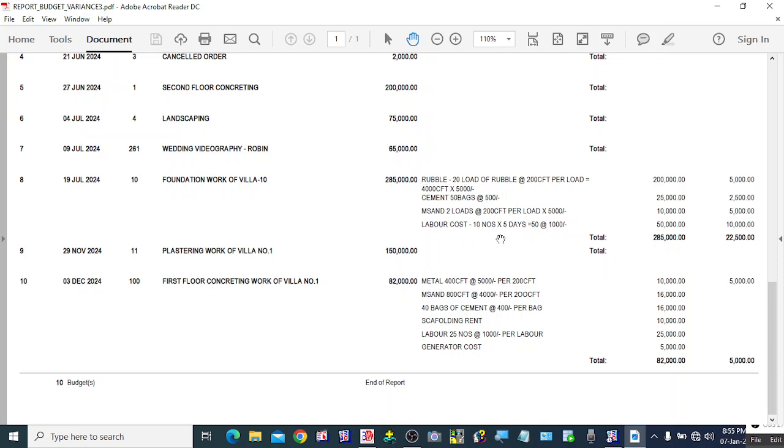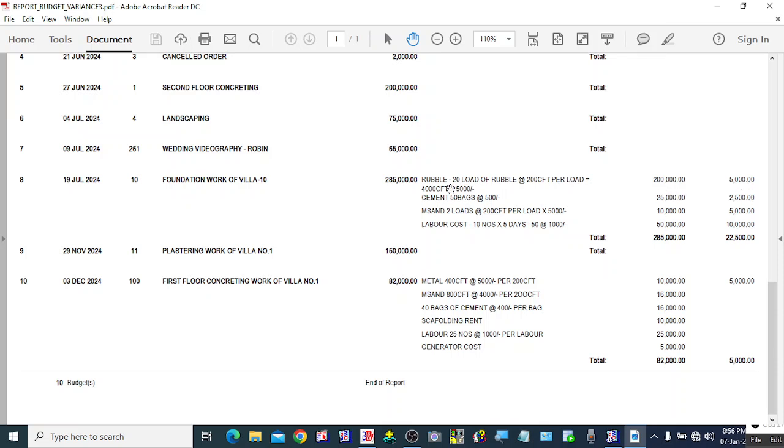The breakup of this total budget is: for rubble we have budgeted 2 lakh rupees. For cement we have budgeted 25,000. Sand we have budgeted 10,000. Labor cost we have budgeted 50,000. The total comes to 2,85,000, which we can see here also. So this is the breakup of the budgeted amount. And against each budgeted cost element, how much cost is incurred at the moment, that we can see.